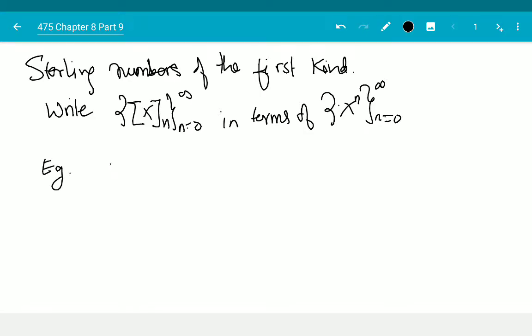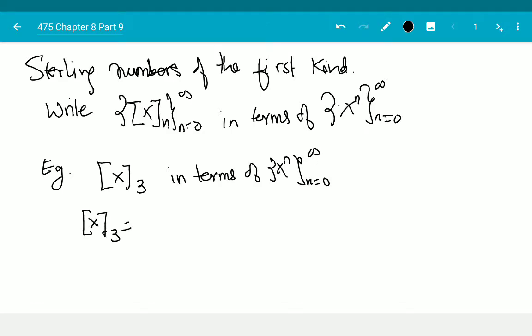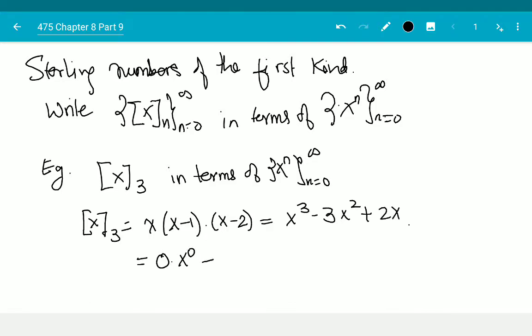Example, x_3 in terms of x^n, n equal to 0 to infinity. Well, x_3 is equal to x times x minus 1 times x minus 2, which is equal to x cubed minus 3x squared plus 2x, which is equal to 0 times x to the 0 plus 2 times x to the 1 plus minus 3 times x squared plus 1 times x cubed.